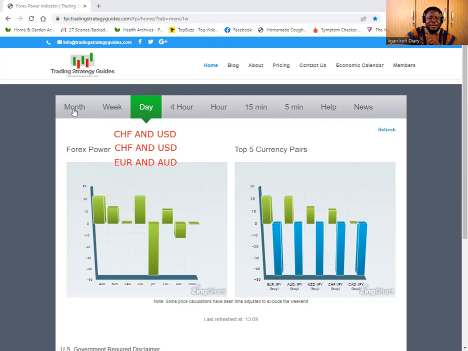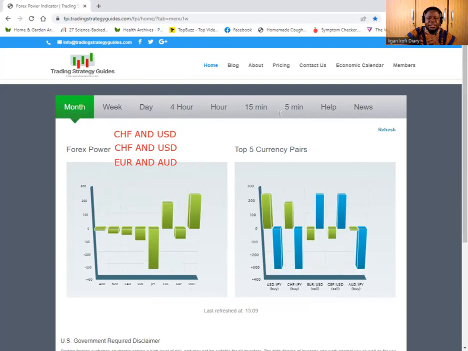We'll go back to the monthly time frame and take the weaker ones. We have JPY, and then between Euro and GBP, which one is weak? Very weak. I think it's Euro. So we have JPY and Euro. Okay, let's look at weekly.